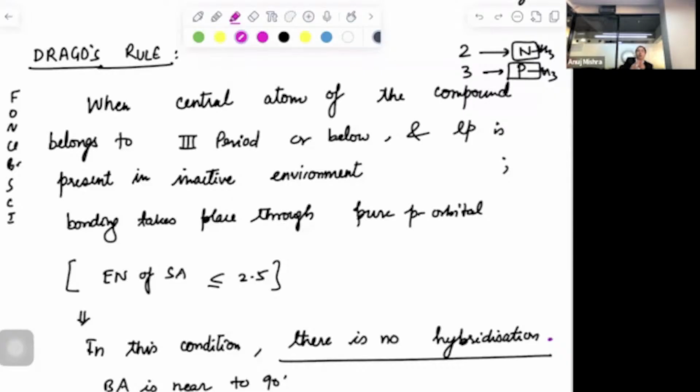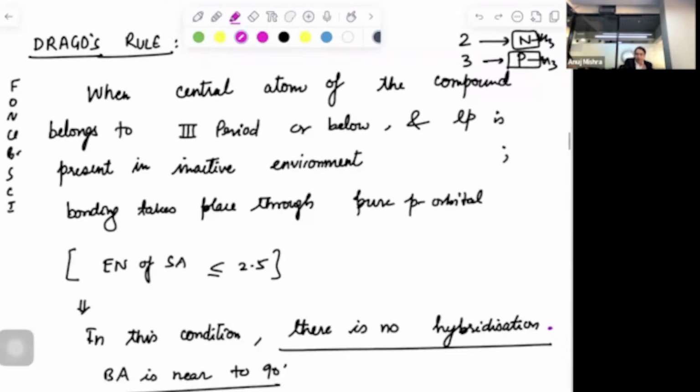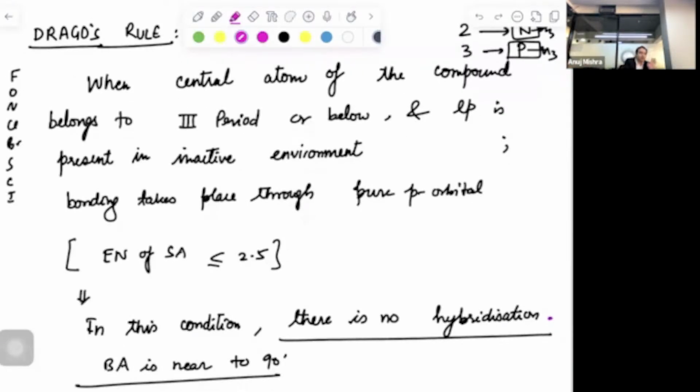Then the lone pair is present in an inactive environment, as in the lone pair is not participating anywhere, and the surrounding atom has an electronegativity value less than 2.5. For example, in PH3, hydrogen has minimum electronegativity, around 1 or less. In this case, there is no hybridization and the bond angle is near 90 degrees.